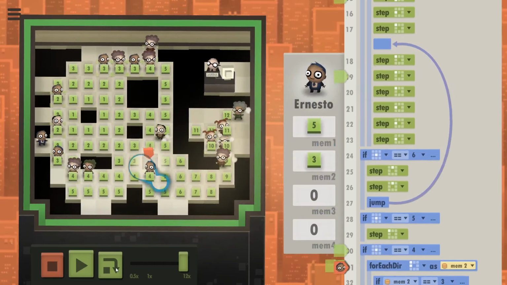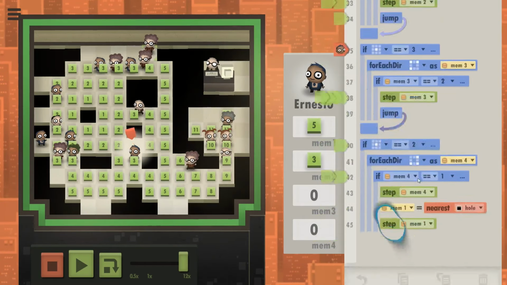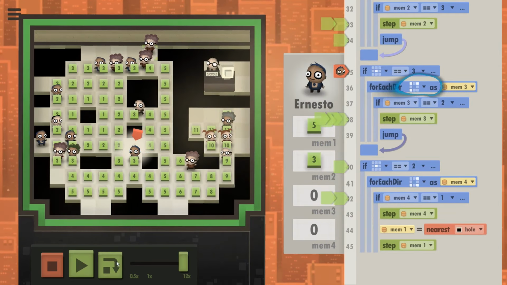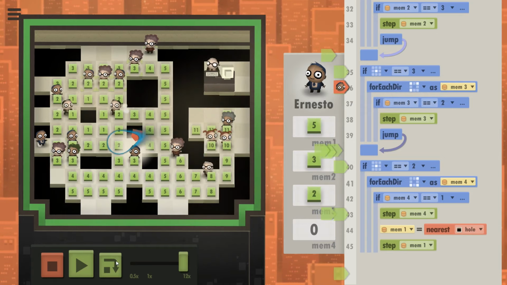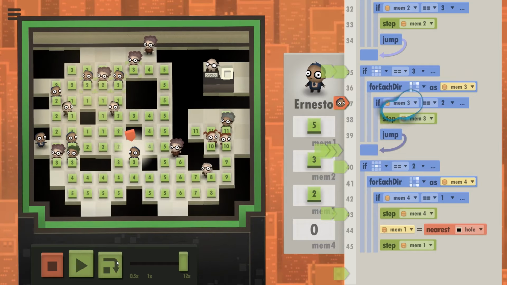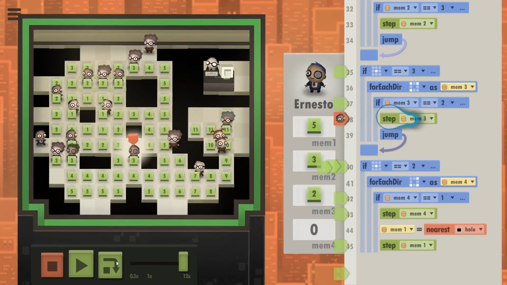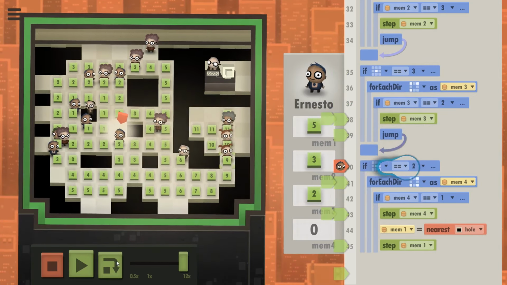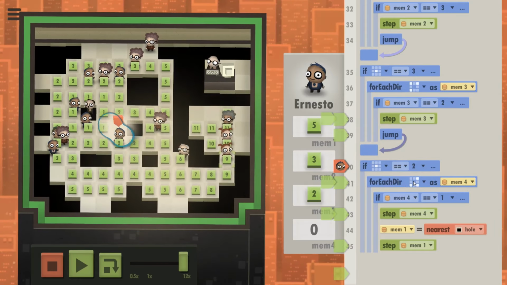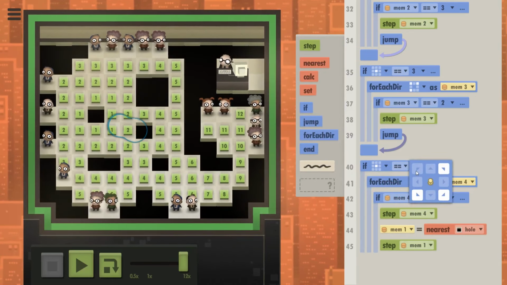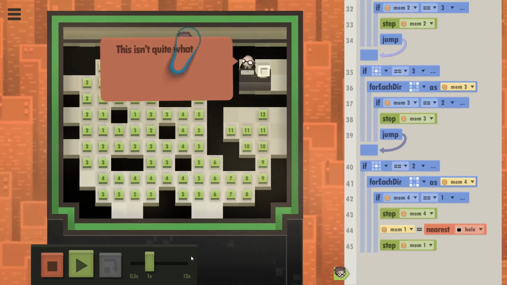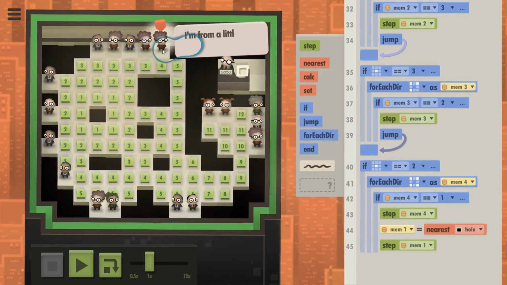Okay, where are you getting stuck? Okay, if where you're at equals 3, for each direction, mem3 equals 2, he steps to mem3. If where you're at equals 2, I'm a dumbass. That's a shame. That slows it down a lot. Oh hey, you're broken.